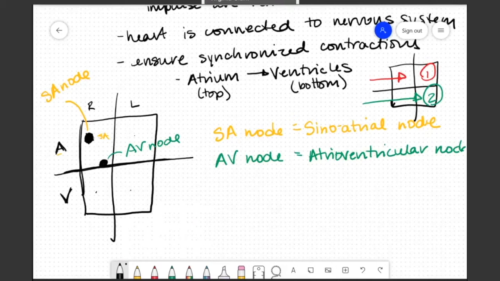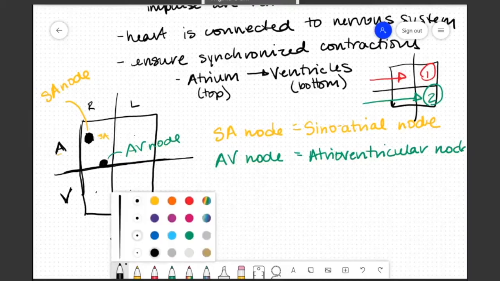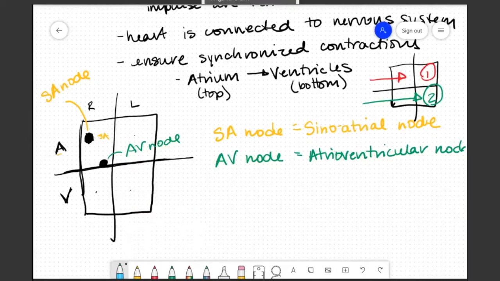Next, you're going to have your AV bundles. These are going to travel down this way, and these are going to be your AV bundle branches.